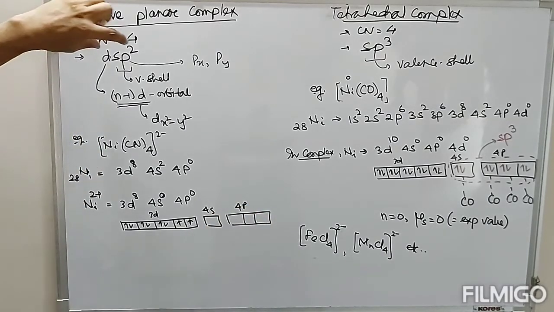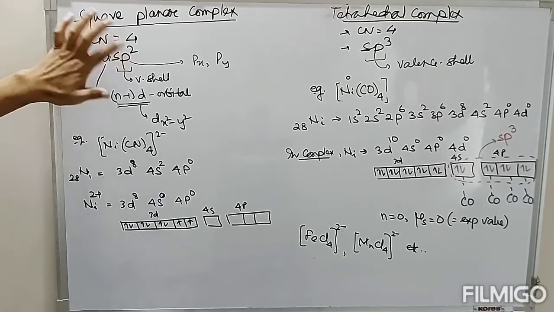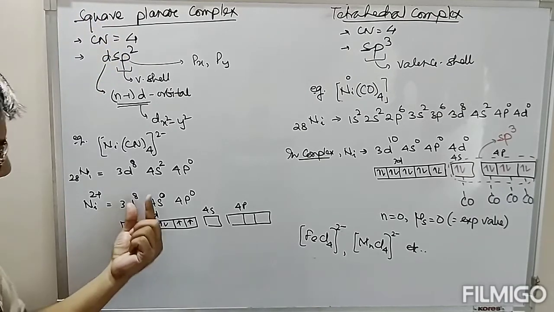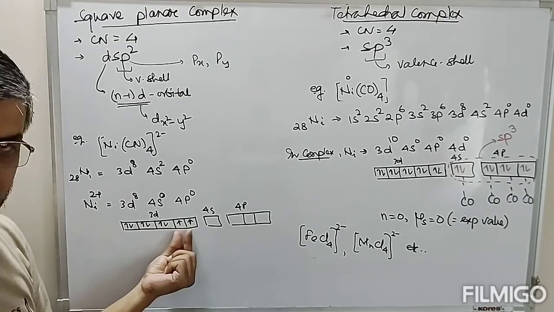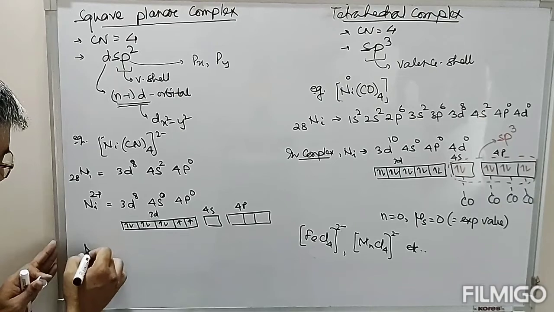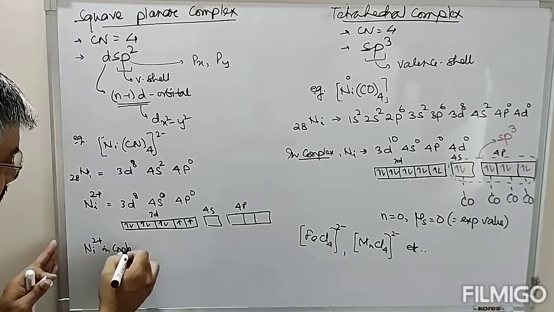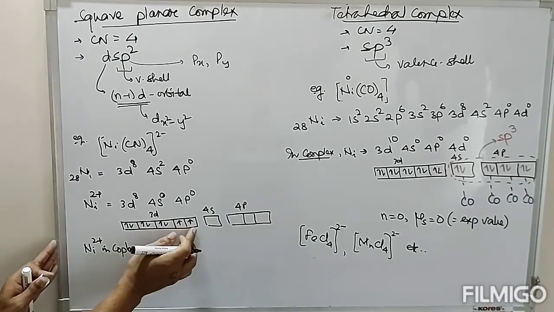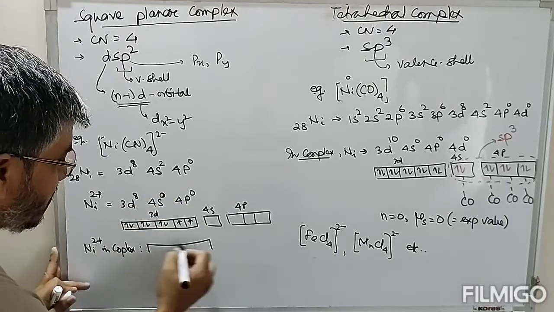Now the square planar complex says we have to free up one (n-1)d orbital, but if you look at this 3d8, we have no vacant d orbital in the third shell. So under the influence of the ligand, in the complex nickel plus 2, one of these d electrons will be forcefully paired up, giving this structure.